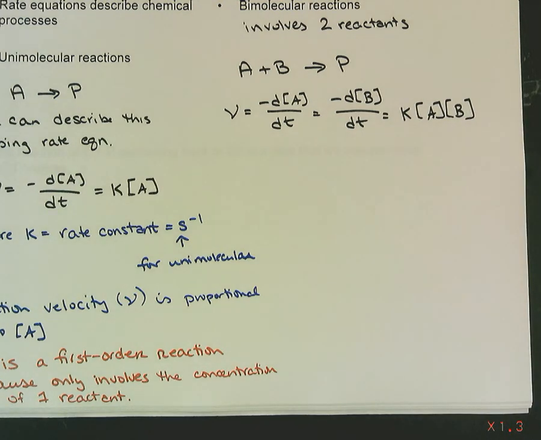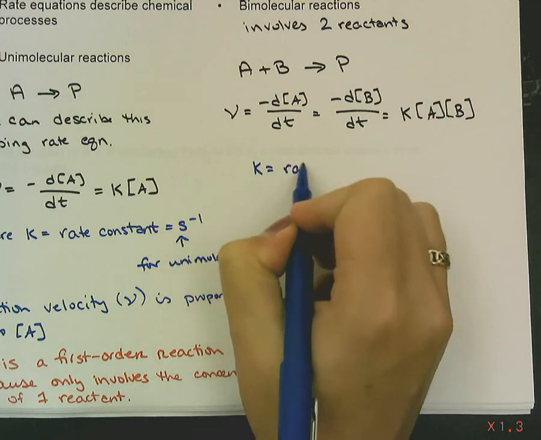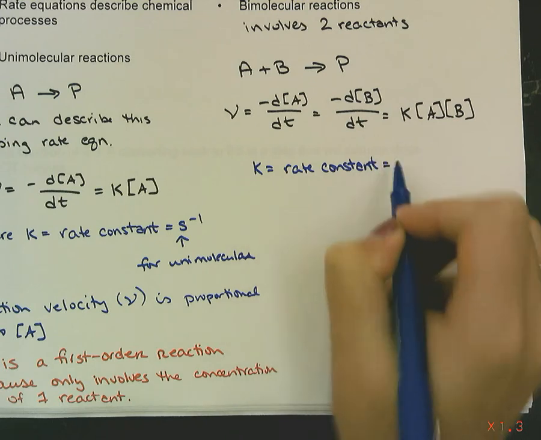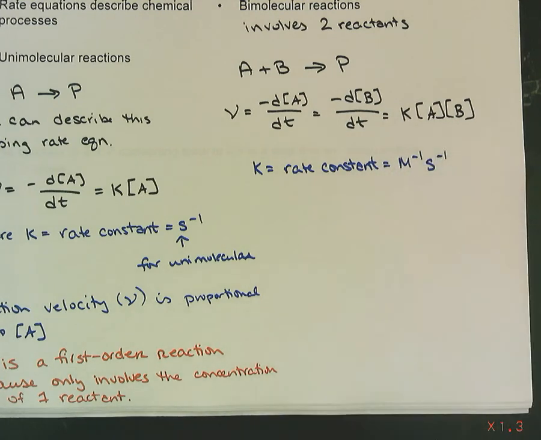So I can either look at the disappearance of A, or the disappearance of B, or I can use a rate constant and monitor both concentrations. And again, little k is our rate constant, but now it has units of inverse molarity, inverse seconds.